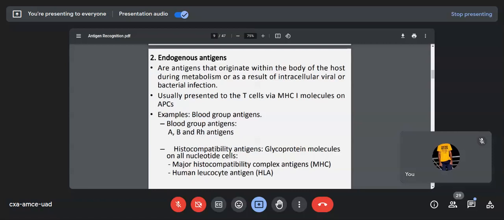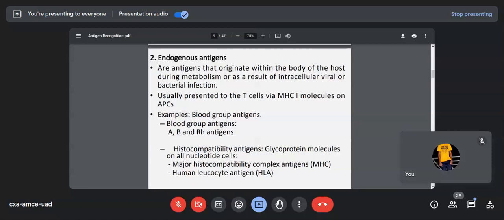The only types of cells in your body, as far as I know, unless you discover another one, which contain both MHC class 1 and MHC class 2 molecules are the antigen presenting cells. This includes the macrophages and the dendritic cells.